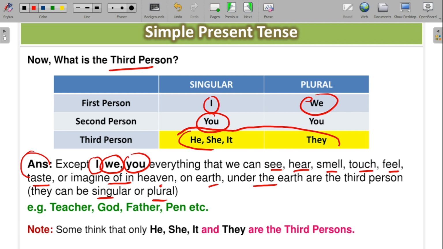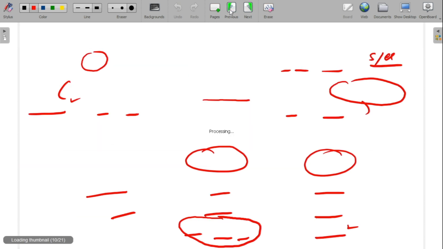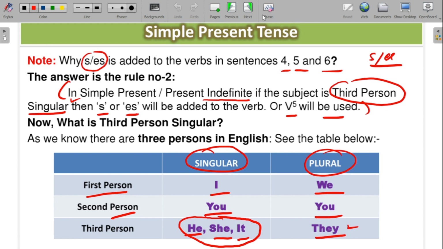Understood? If somebody asks you what is third person, you can simply answer: except I, we and you, everything is third person, and that can be singular or plural. But let's just go to the previous slide.